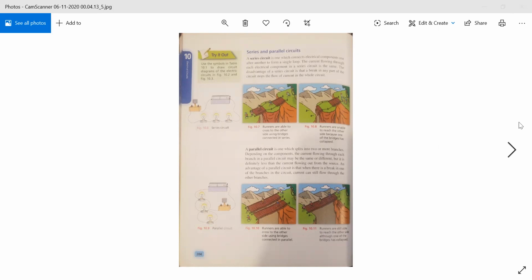So it has an advantage, and a series circuit has a disadvantage.